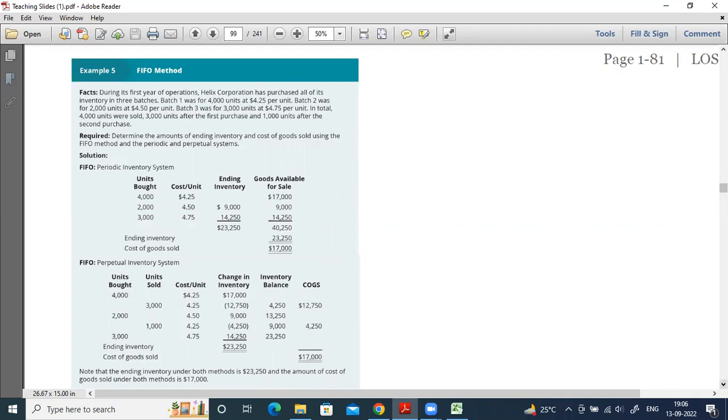Batch 1 was 4,000 units at the rate of 4.2 per unit. Batch 2 was 2,000 units at the rate of 4.5 per unit. Batch 3 was 3,000 units at 4.75 per unit. In total, 4,000 units were sold, 3,000 units after the first purchase and 1,000 units after the second purchase. So sold here is nothing but issue.